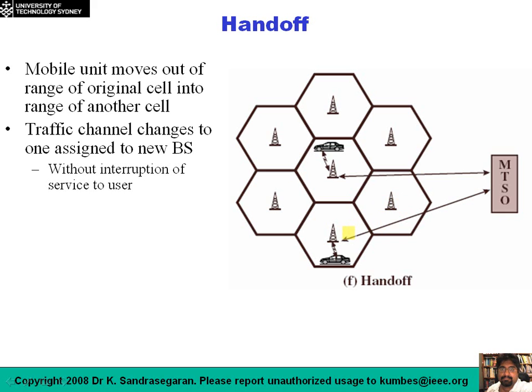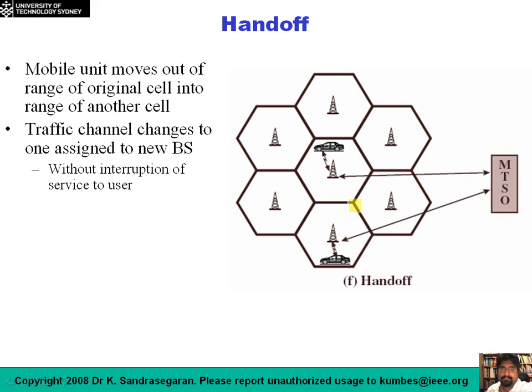This has to be done in a manner that the user does not feel the change in the traffic channel. So continuously, when you're communicating and you're moving, without interrupting the call, the handover procedure will shift you from one base station to another base station.